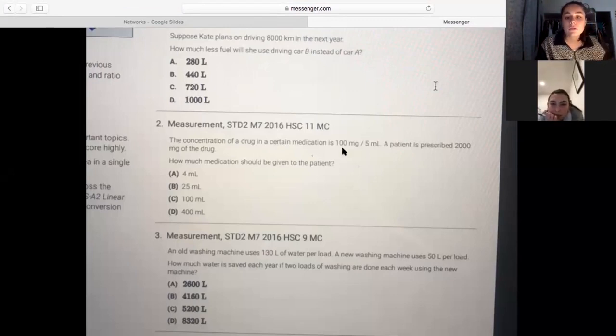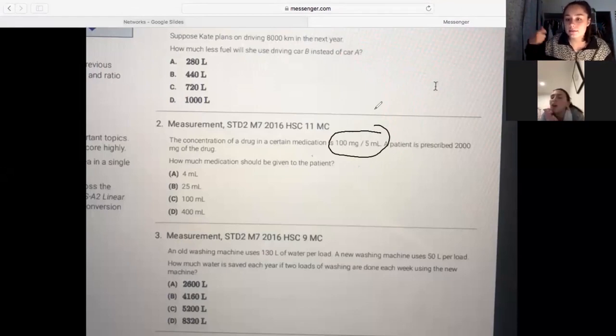So if you take normal Panadol, there will be a concentration amount. You know how they only give you like 10 mils of it, or use a little syringe, or parents measure out how much you need.